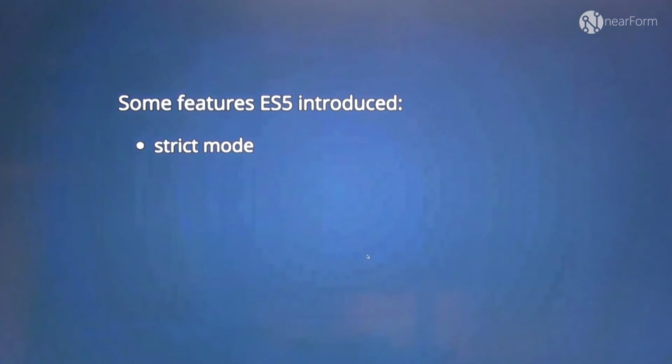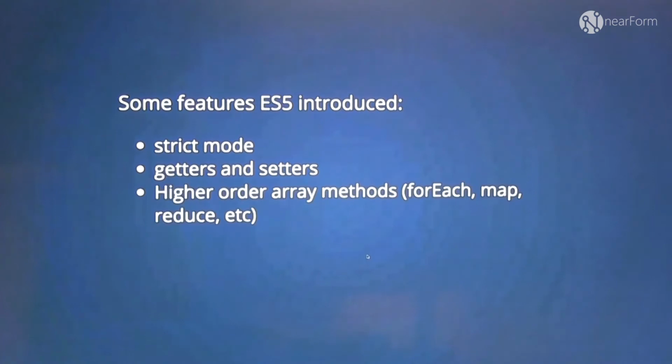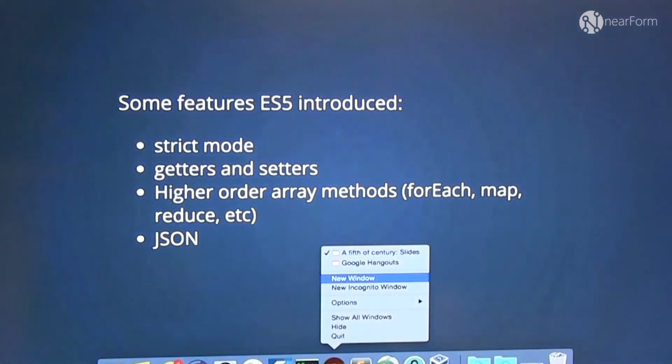But of course, it wouldn't have to break backwards compatibility. So that's why they had this mode. We had getters and setters. The higher order array methods were added, like forEach, map, reduce, filter, etc. We have the JSON implementation.